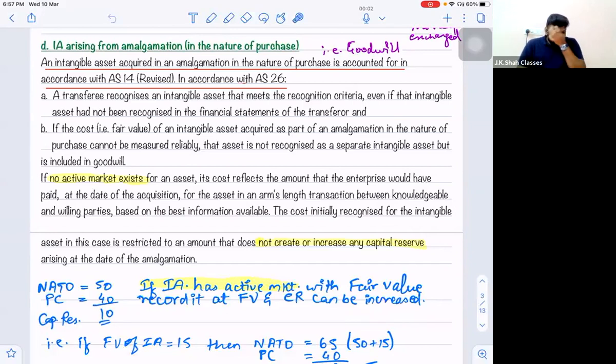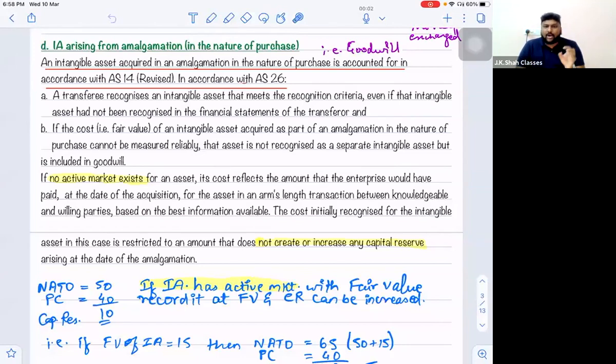Okay, sir, shall we go ahead? Okay, now please understand intangible assets arising from amalgamation. Now, sir, here, if goodwill is arising when amalgamation is done in the nature of purchase, goodwill is accounted as per AS 14. But apart from goodwill, there can be some other intangible assets also which can arise.